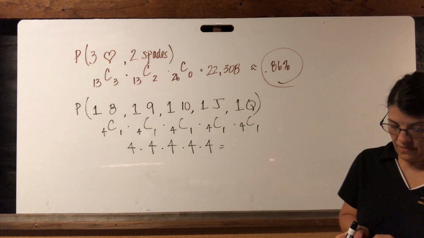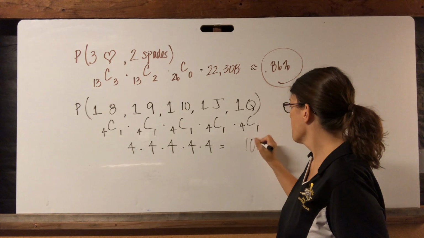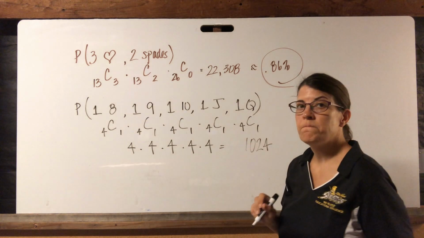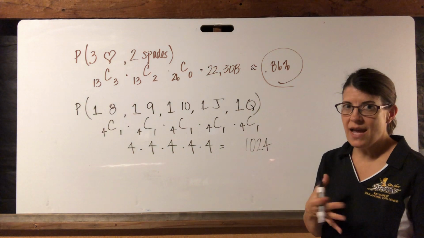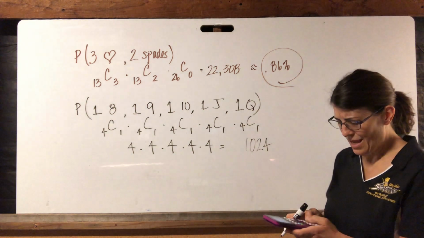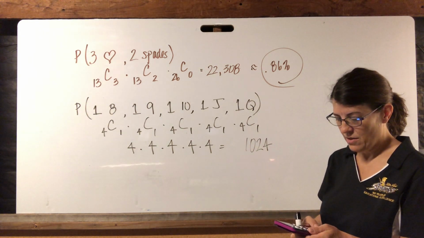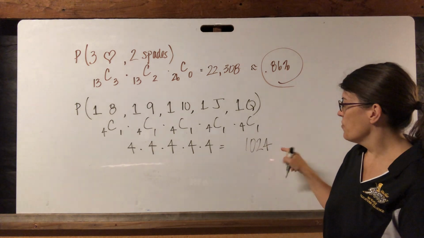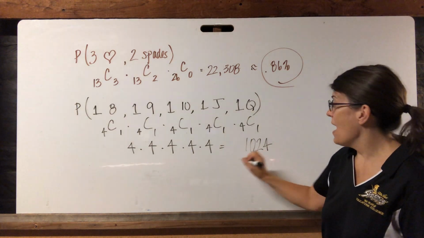I believe that's 4 to the 5th power, 1,024 ways that you can get an 8, 9, 10, jack, queen in your hand. Something tells me I didn't do it right. Let me double check. That's right. So this is the number of ways you can get 8, 9, 10, jack, queen, divided by that huge number.